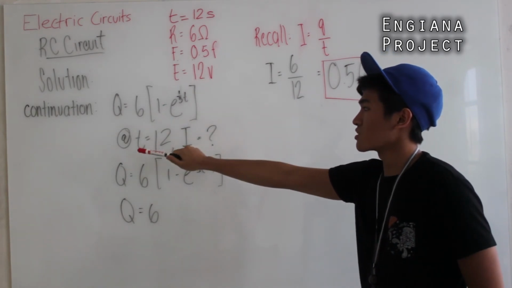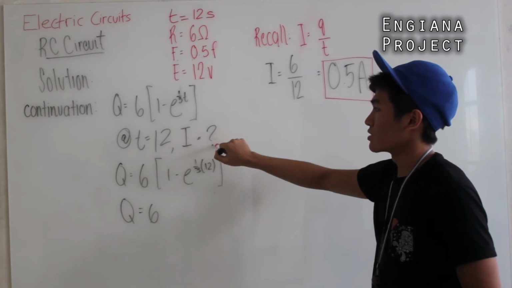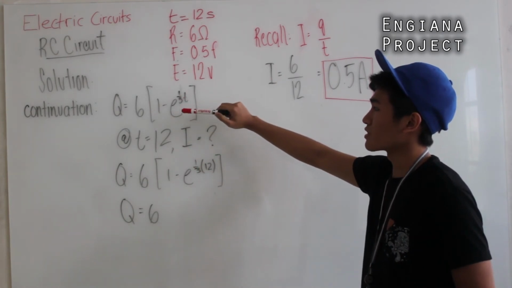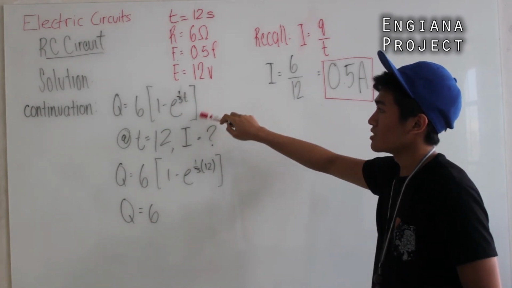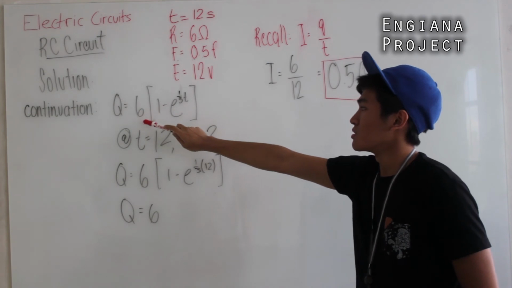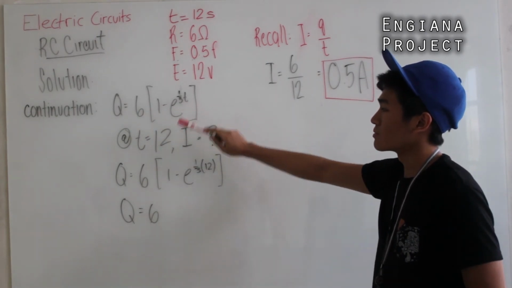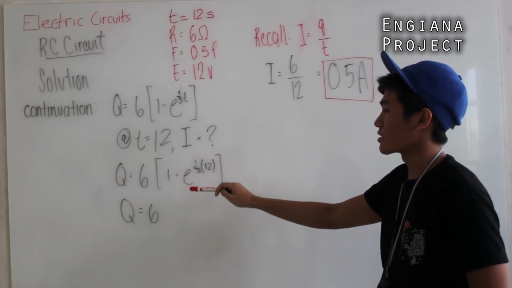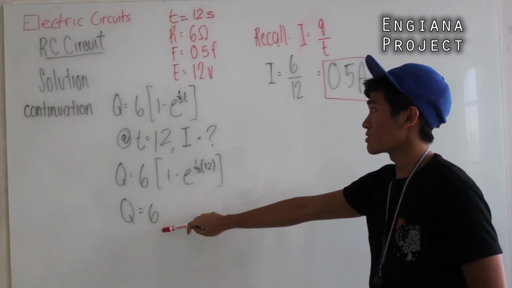The condition t equals 12 and I unknown will be used later. We have to look for Q first, since the formula is I equals Q over T. Since we are given time equals 12, we substitute t with 12. So you get Q equals 6 times 1 minus e raised to -1/3 times 12, so Q is approximately 6.